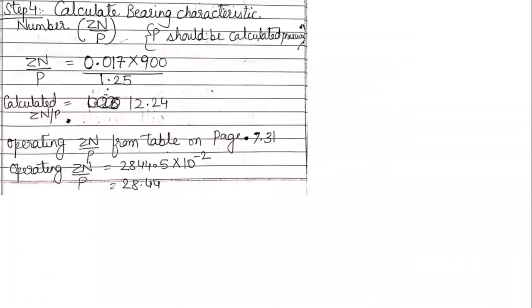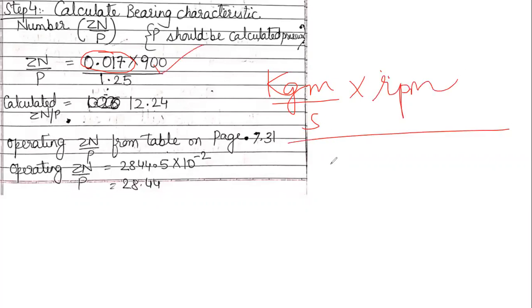Now moving on to the fourth step, we have to calculate the bearing characteristic number. Z is given to us as 0.017 kg per meter second. RPM, we have N as 900 RPM and pressure we have as 1.25 Newton per mm square.